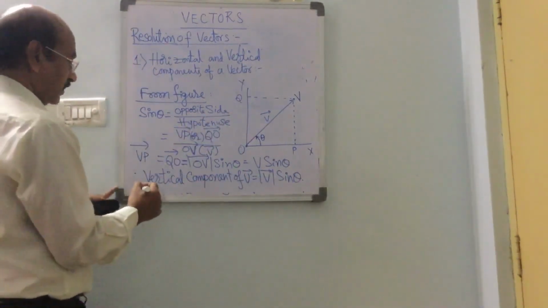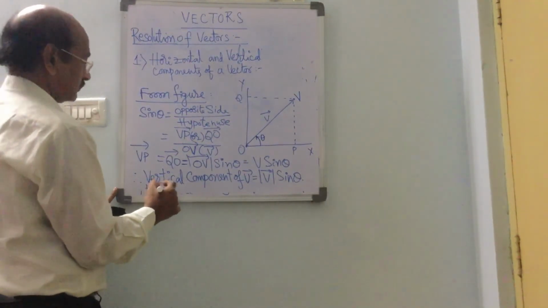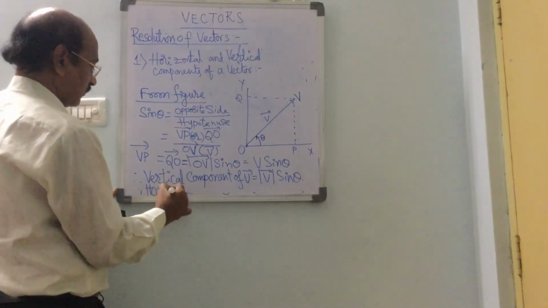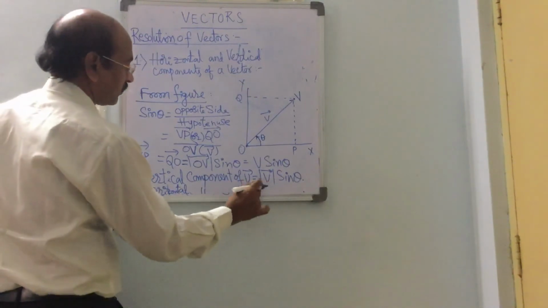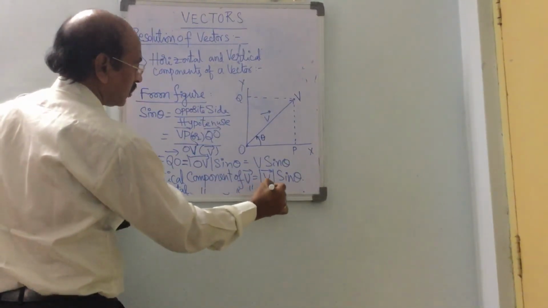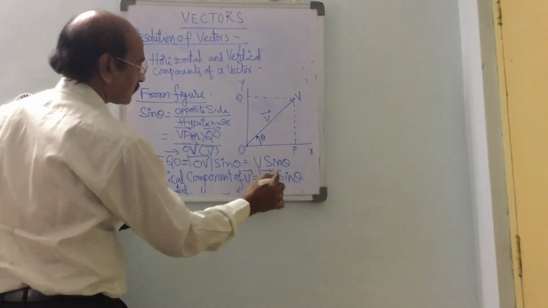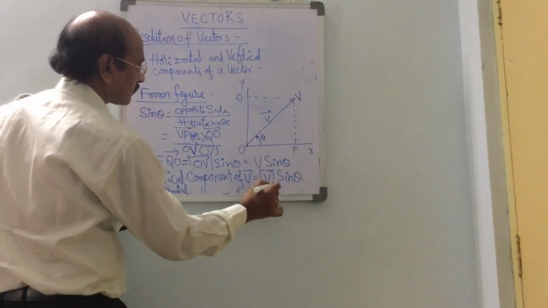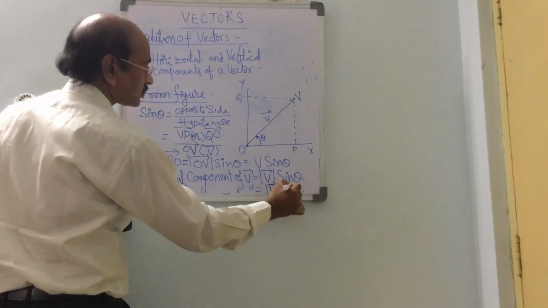Similarly, from the figure, horizontal component is obtained as modulus of V bar into cos theta.